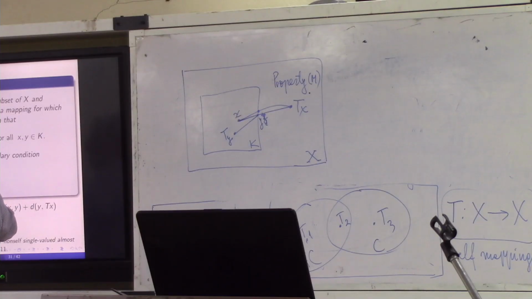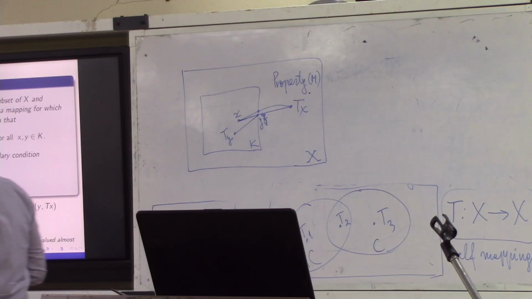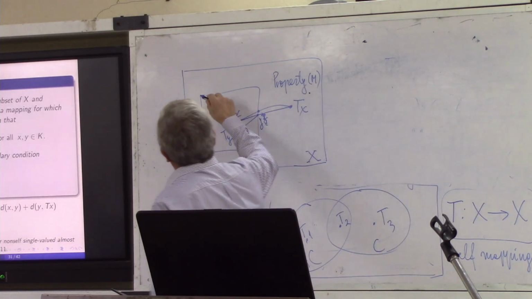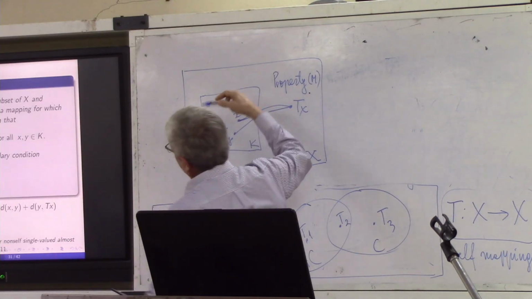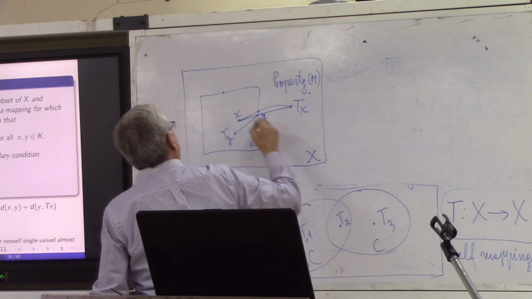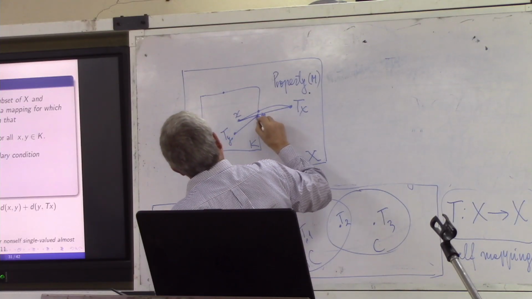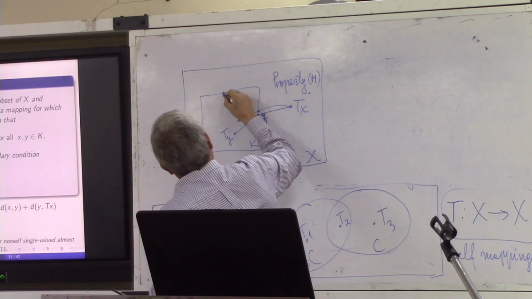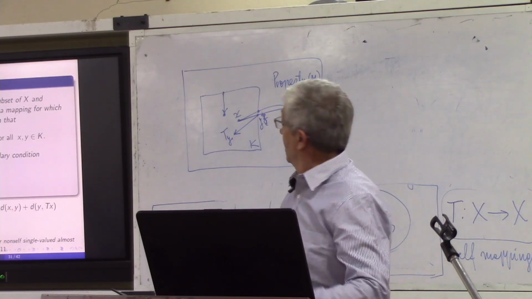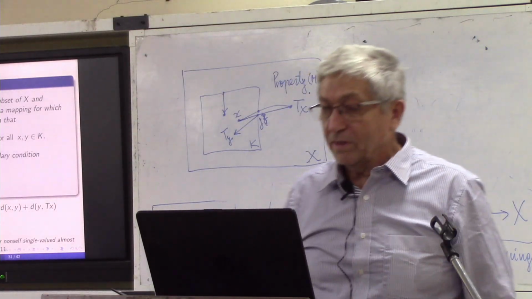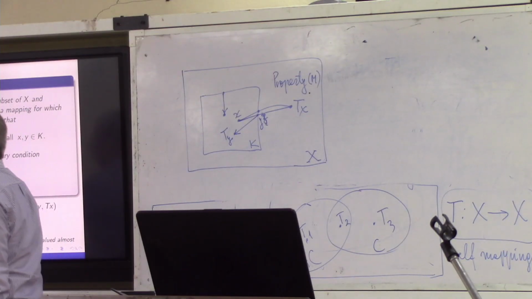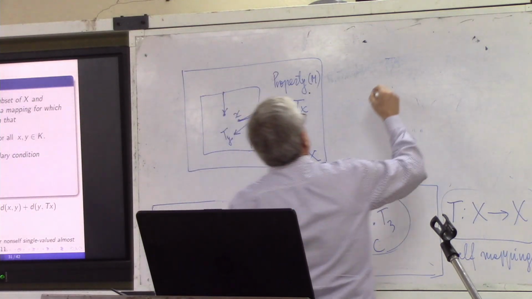And secondly, we have the Rothe boundary condition. What does it mean? That the border is always mapped into K. So any point from the border always goes inside. In that case, we have the conclusion that T has a fixed point.